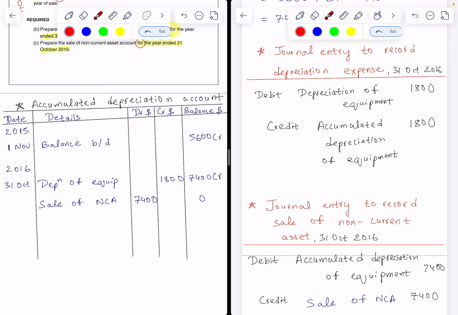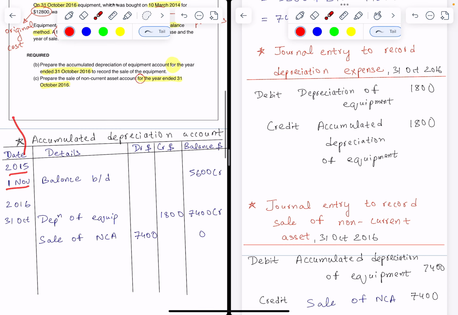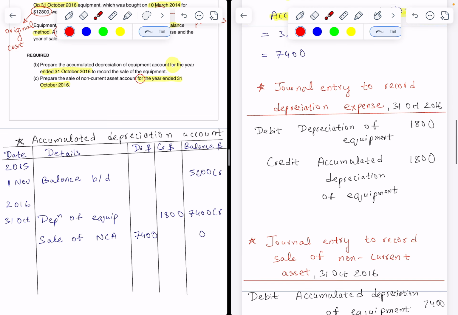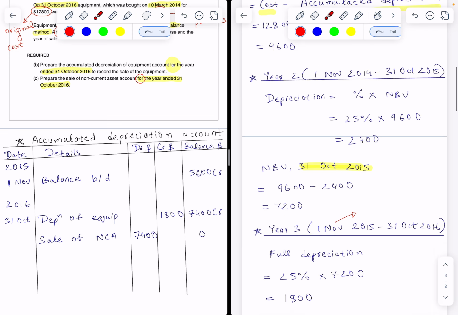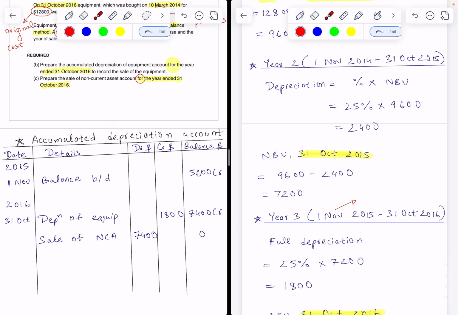So we are starting the year 1 November 2015 because, as we understand, the question clearly mentions for the year ended 31 October 2016. So we are starting at 1 November 2015 with an opening balance of $5,600 credit. So where did we get this from? Let me just scroll back up. We know 1 November 2015 is the beginning of year 3.